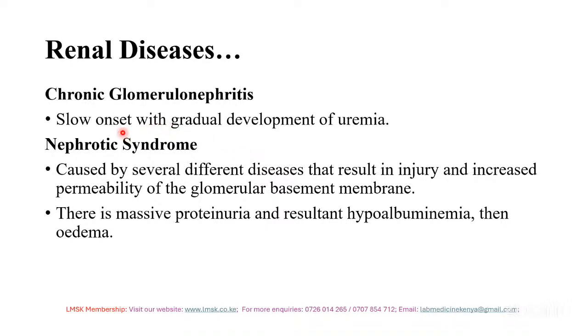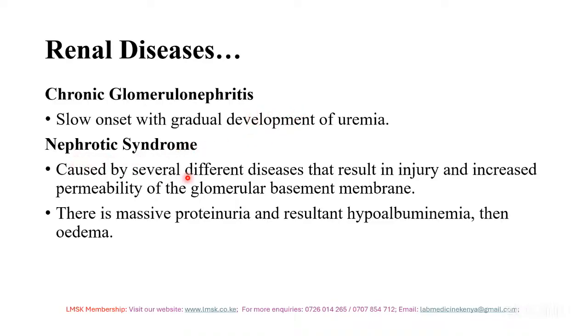Chronic is slow onset that gradually develops after some time. And it's characterized by gradual development of uremia, urea in blood, a lot of urea accumulation in blood. This one is a characteristic of chronic glomerulonephritis.